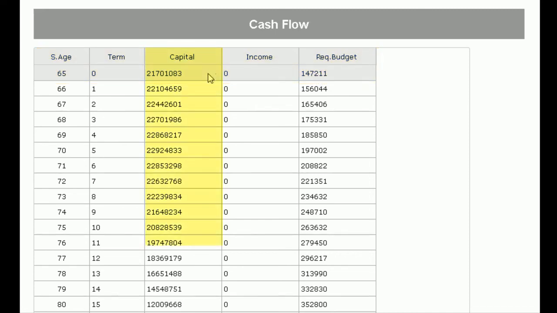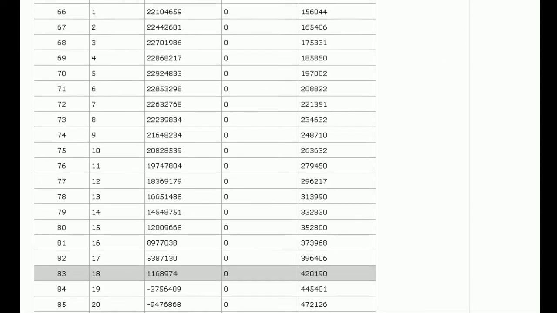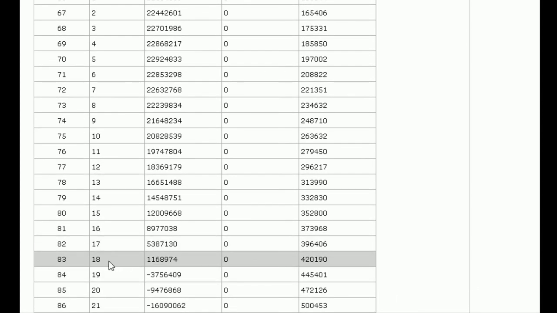In spite of that, the capital of 21.7 grows to 22.1, 22.4, 22.7, and so on. But eventually it starts to reduce, and at the age of 83, in 18 years' time, they eventually run out of capital.